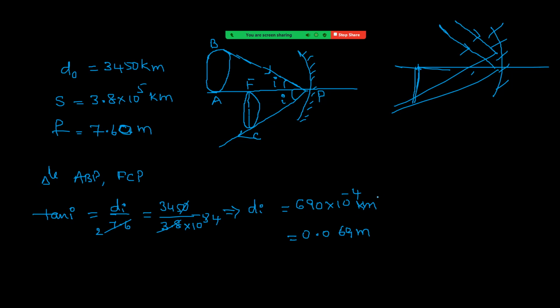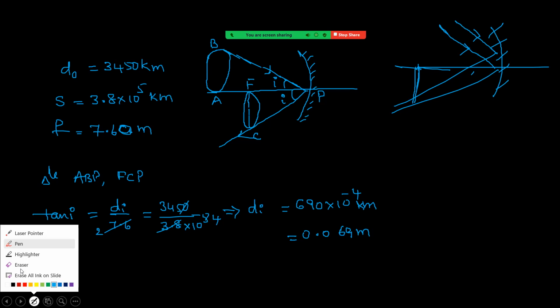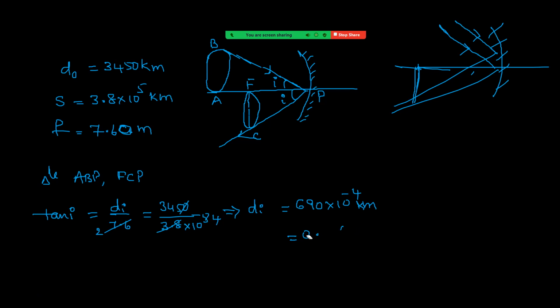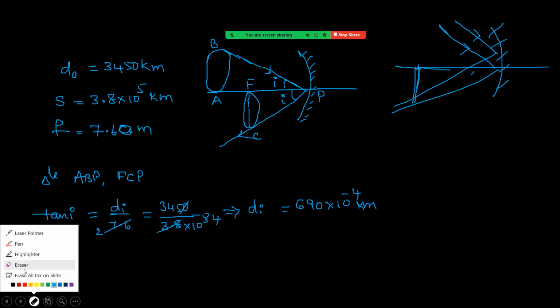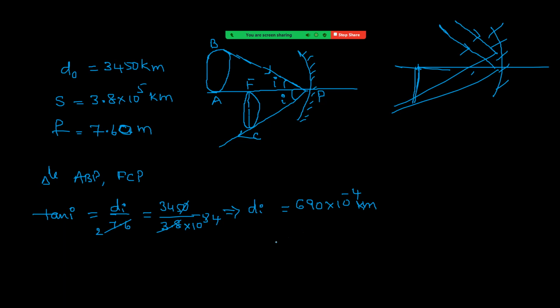Okay. Let me cross check the units, what I have taken, right or wrong. 690 into 10 power minus 4, kilo is 10 power 3.